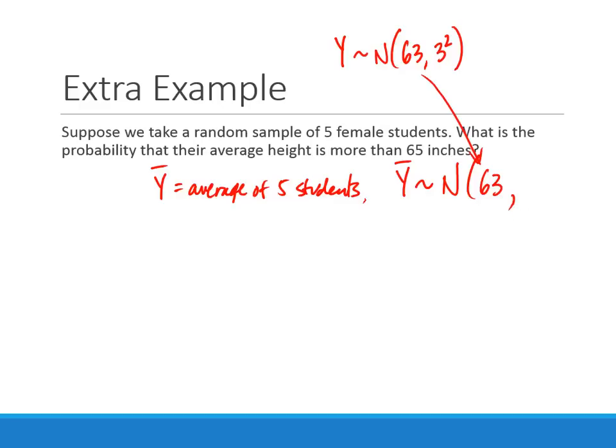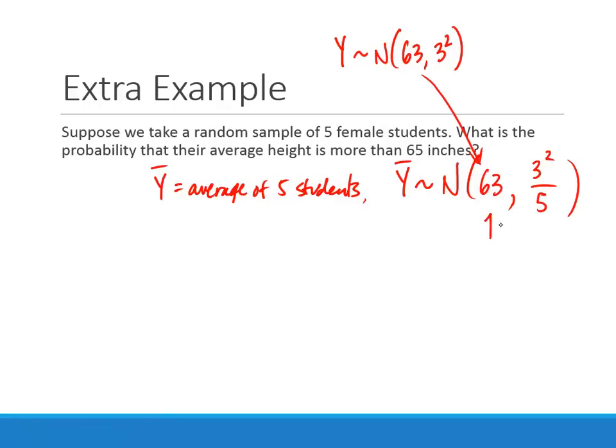And what's the variance of this sampling distribution going to be? Exactly right. So sigma squared over n. Sigma squared is 3 squared or 9, and n here is 5. So that's my variance.